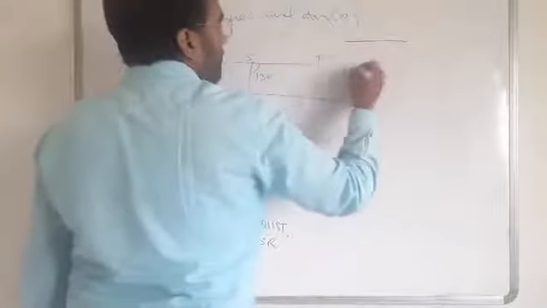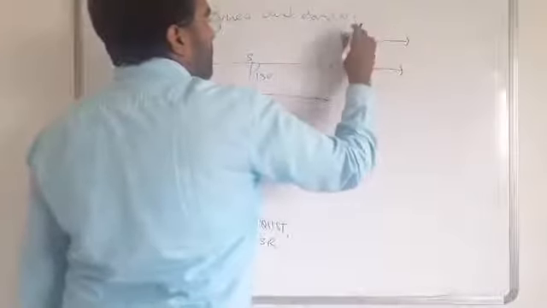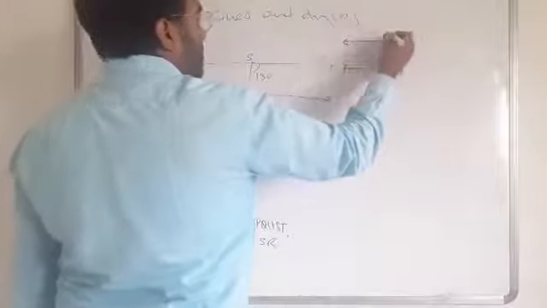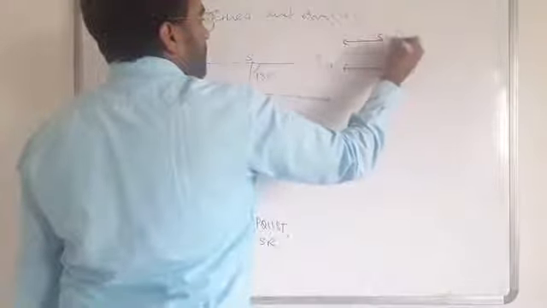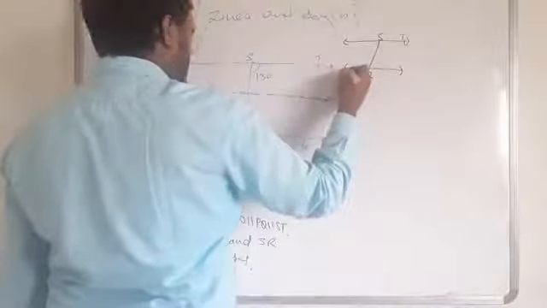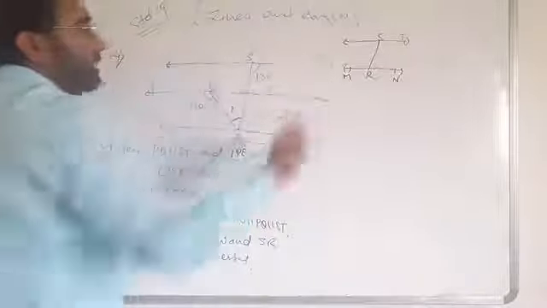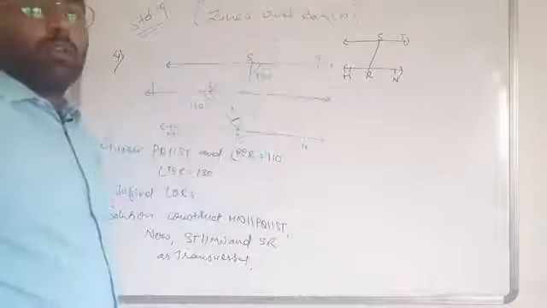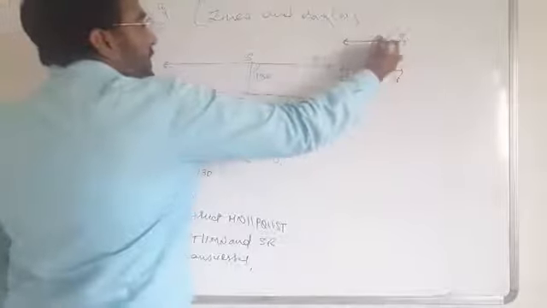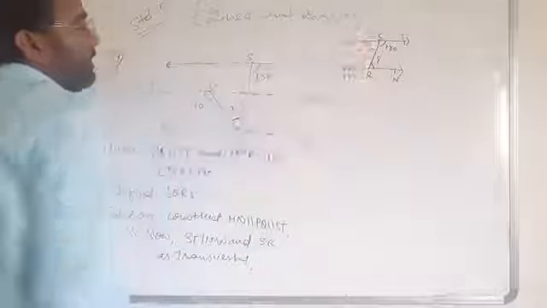So a figure like this is formed: here is my S and T, this point is R, and this is M and N. Now lines ST and MN are parallel to each other, and SR is a transversal. Therefore the 130 degrees is formed here. First we have to find this angle.